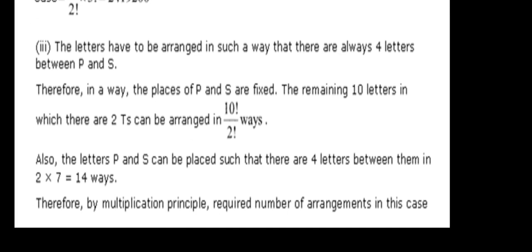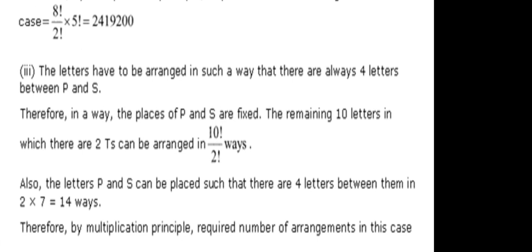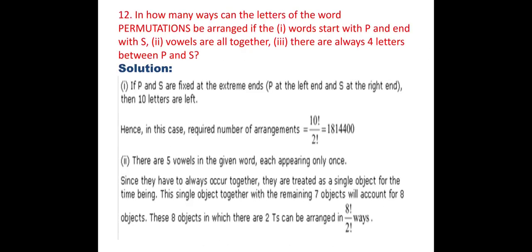We have got it earlier. Now the letters P and S can be placed in such a way that there are 4 letters between them in 2 into 7 ways. Therefore, by the multiplication principle, we get the required permutations. So students, this is the answer of question number 12.